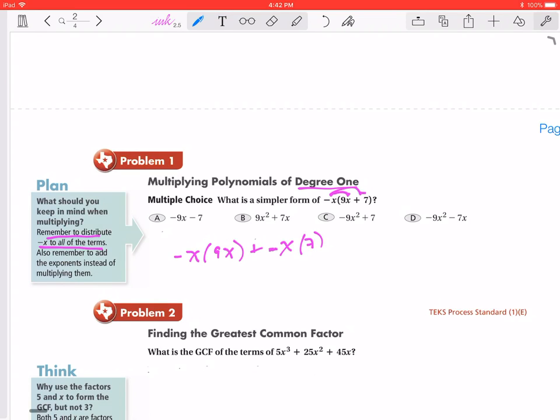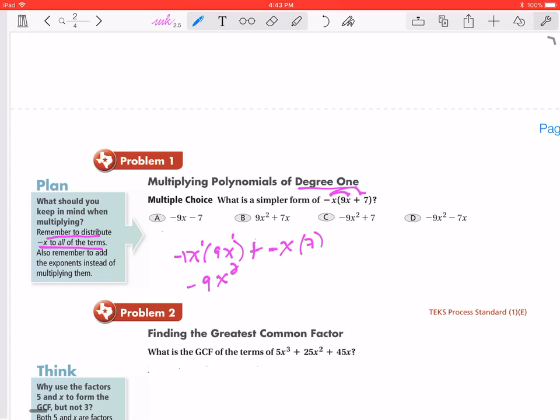Right? So that's going to give me negative x times, so remember these are 2, 1, and we're multiplying, so that's going to give me negative 9. I need to keep my negative here because it's not inside the parentheses, so my negative is not going to go away, it's going to stay, because a negative times a positive is a negative. It's essentially 1x times 9x, so that'll give me 9x, and then I have to add my exponent, so my exponent's going to be 2.